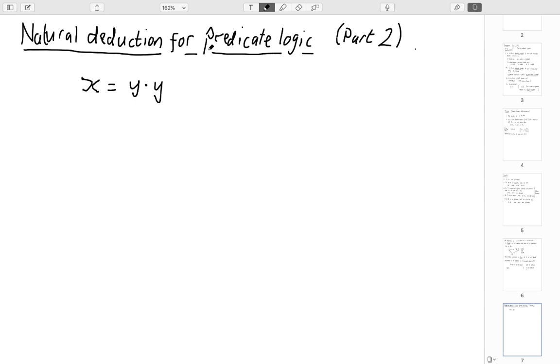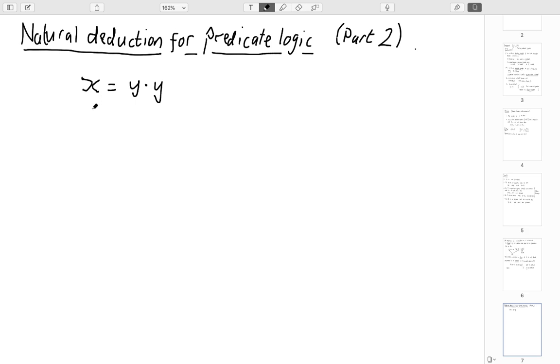This has two free variables, so it's expressing a relation between x and y, and that relation is that obviously x is the square of y. But when we have such formulas expressing relations between variables, it's sometimes useful to specialize them by saying we're not just concerned with an arbitrary x here, but we want an x of a specific form.